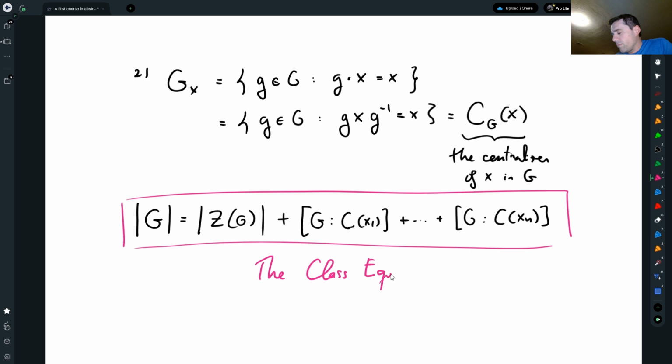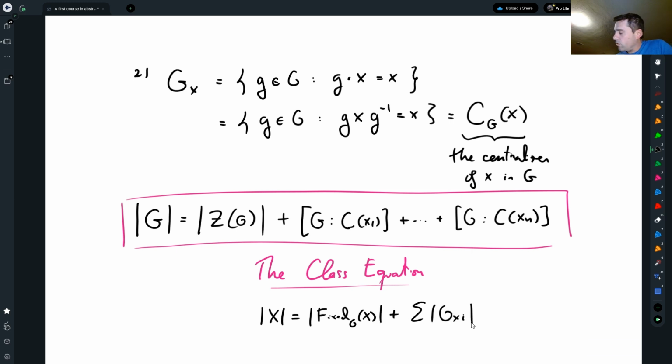But many times myself and some other people just write that the size of X is equal to the fixed points under G of X plus the sum of non-trivial orbits. I also call this a class equation because with different actions, this is still true and it can still be very useful.